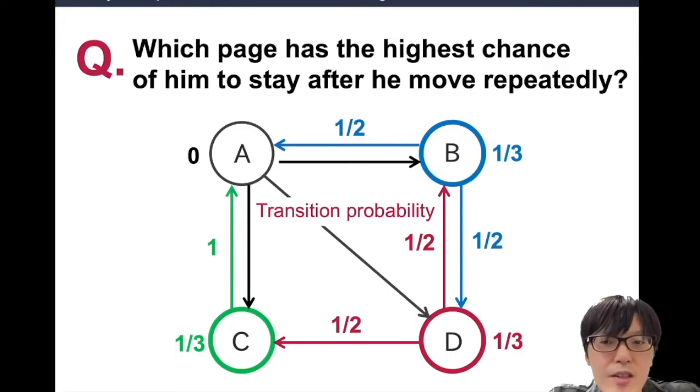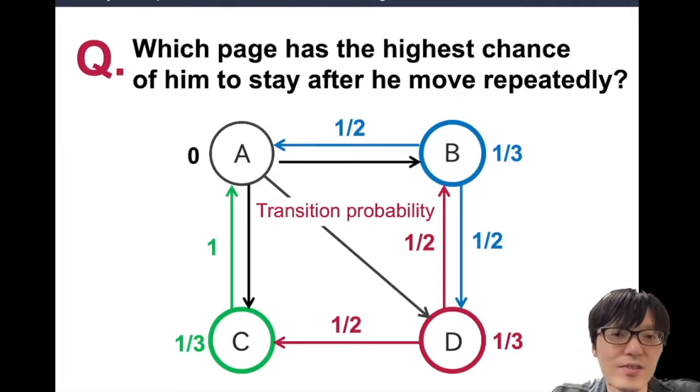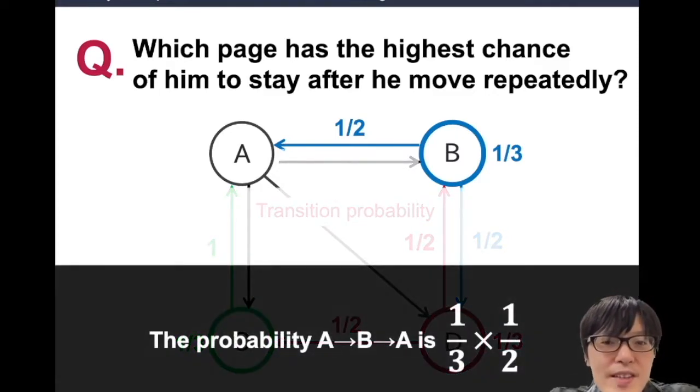Now we are ready to calculate the user's probability to stay on each web page after the second transition, not the first transition. Let's calculate the probability of the user staying on page A after the second transition. There are 2 possibilities. One case is that the user moves from A to B in the first transition, and he moves from B to A in the second transition.